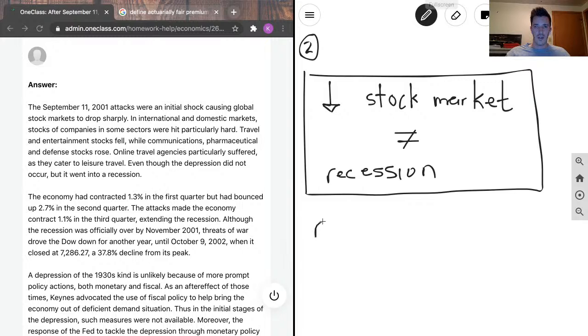Recession occurs when there is retracting GDP, I believe for 2 consecutive quarters, off the top of my head.